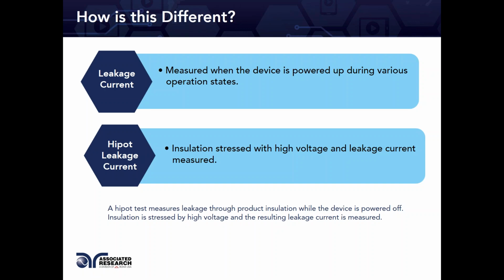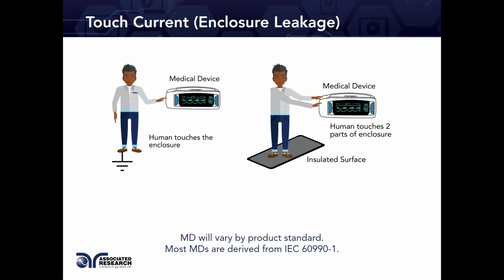Whereas during a leakage current test, the device is powered up during various operation states. The high pot test basically measures the leakage through a product's insulation while the device is powered off, and the insulation is stressed by high voltage, and the resulting leakage current is measured.